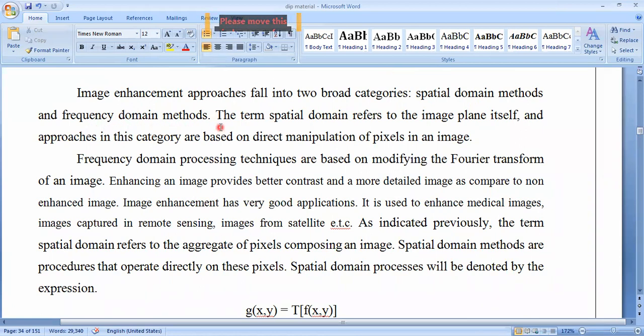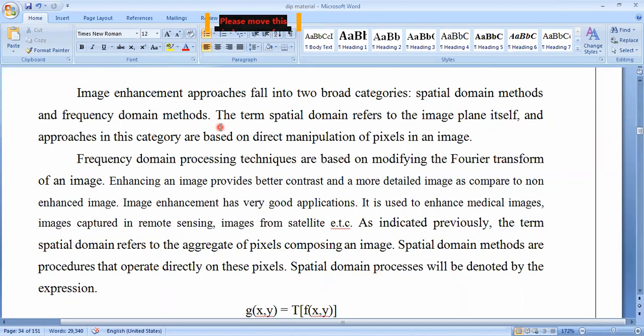Spatial domain method means however that image is represented. Suppose a simple image, with a 3x3, or 4x4, or 5x5, or 6x6, or 8x8, or 16x16. Whatever the size, it depends upon the representation of the image.